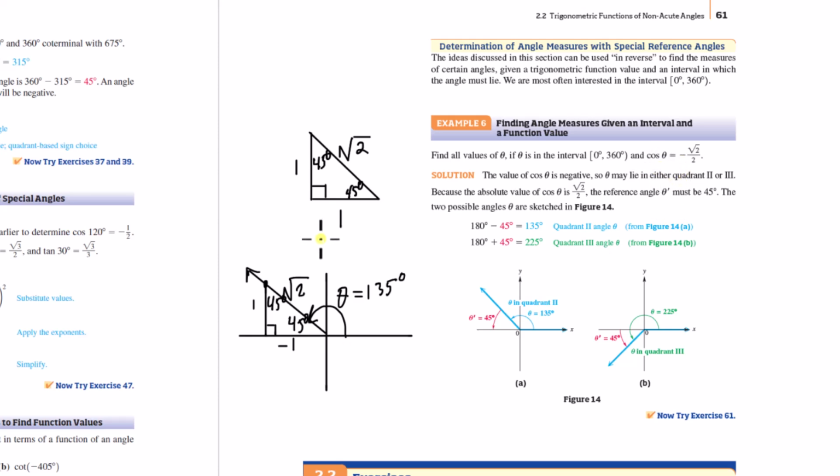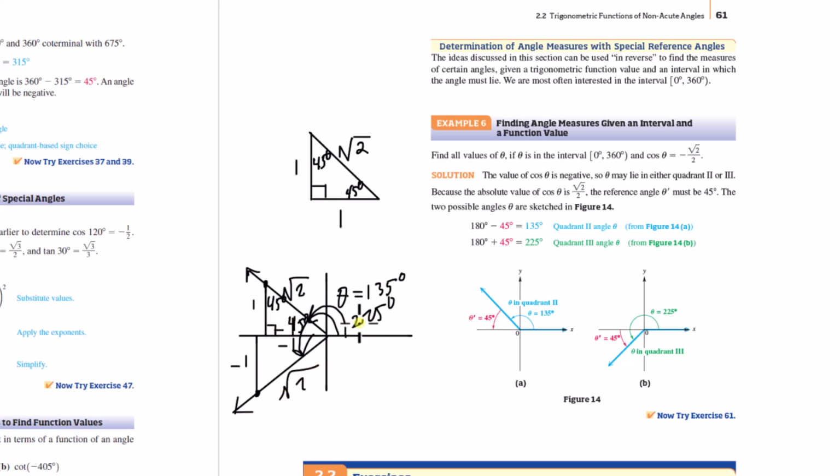Okay, is that it? Well, no, that's not it, because this angle, which would be 225, also has a reference angle of 45, and the adjacent is also minus 1. Minus 1 over root 2.